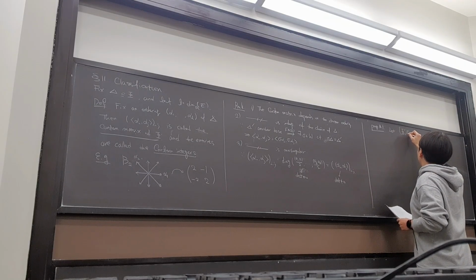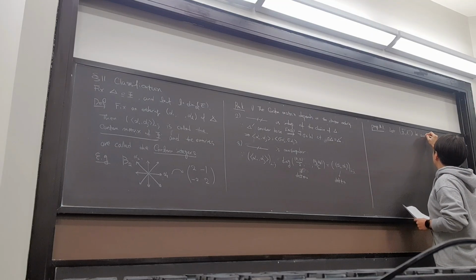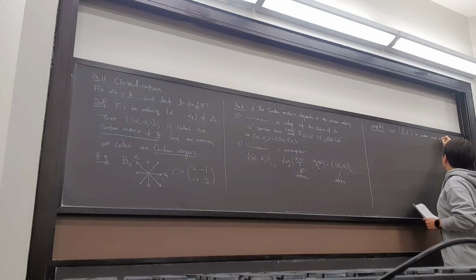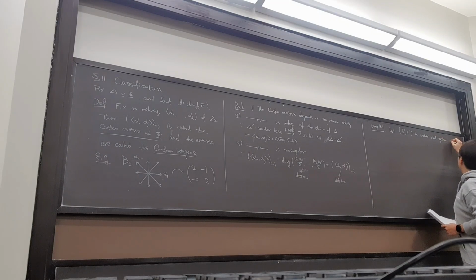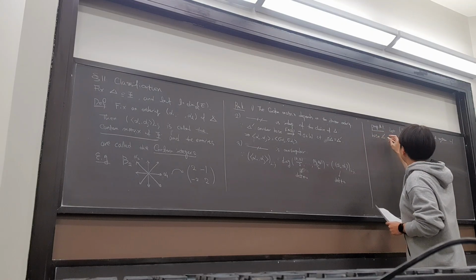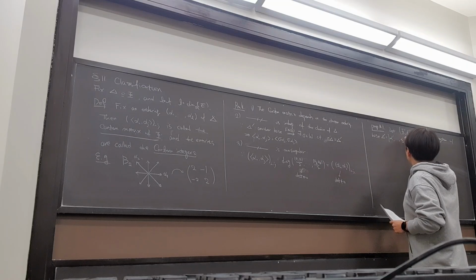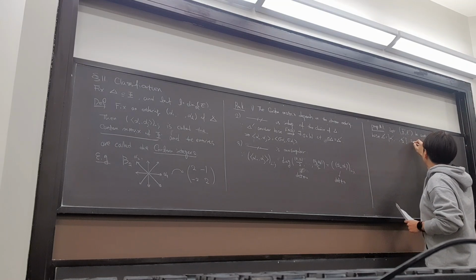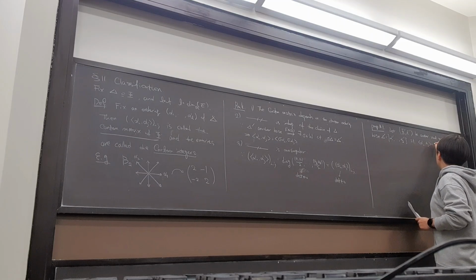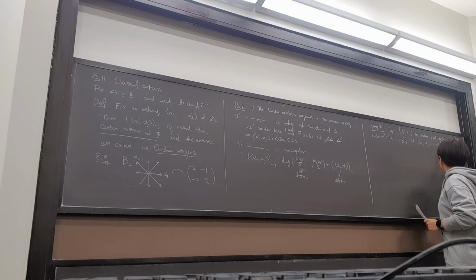Define another root system with base Delta prime, alpha 1 prime to alpha l prime, such that <alpha i, alpha j> is equal to <alpha i prime, alpha j prime>.